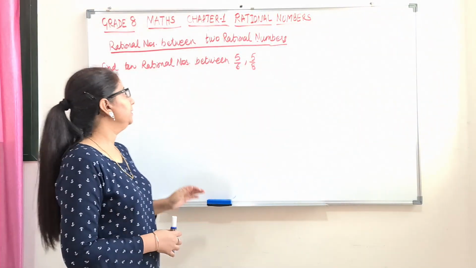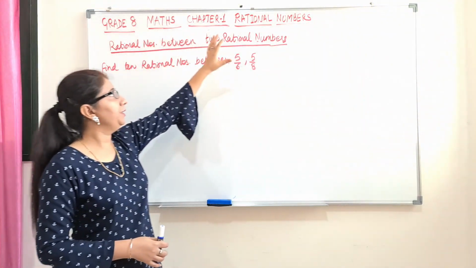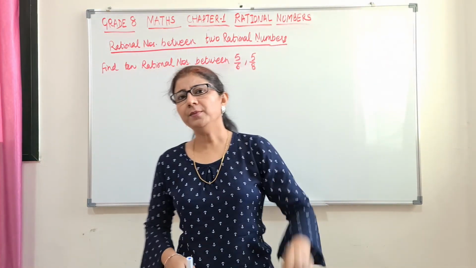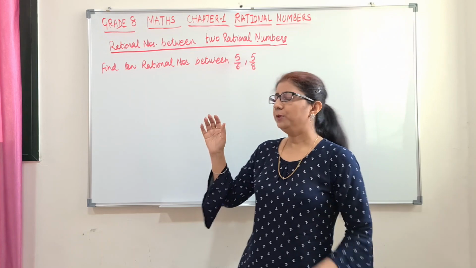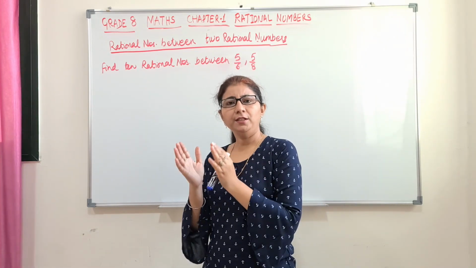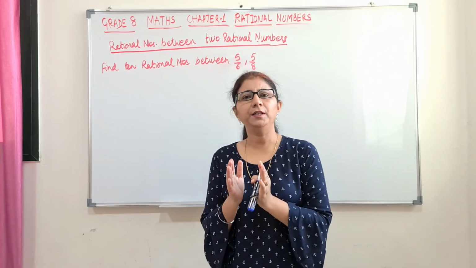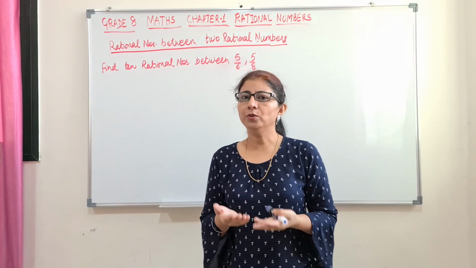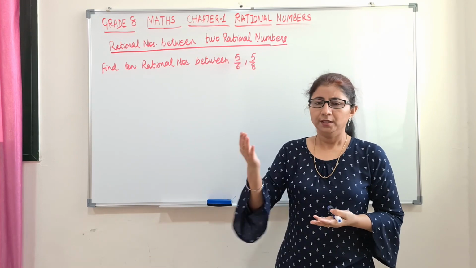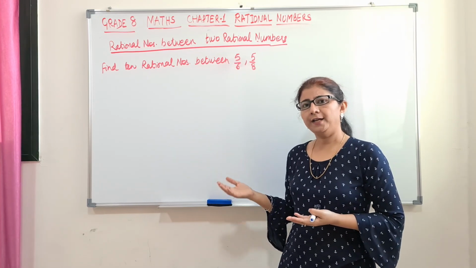Our next topic in this chapter is rational numbers between two rational numbers. As I mentioned before also, between any two natural numbers, any two whole numbers or any two integers, we cannot have any number in between. Why? Because there are no decimal numbers included between natural numbers, whole numbers and integers.